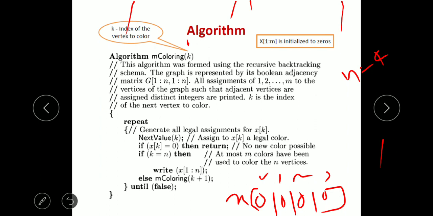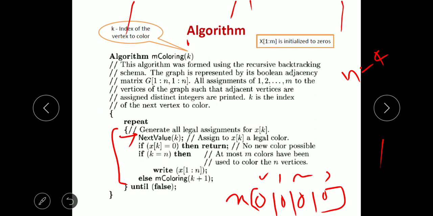When we invoke M coloring of 1, this infinite loop will generate all legal assignments of X of 1. Next value of 1 tries to find a color, assigns it to vertex 1, and returns the color.